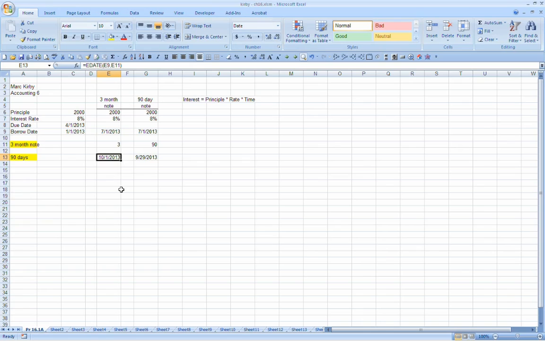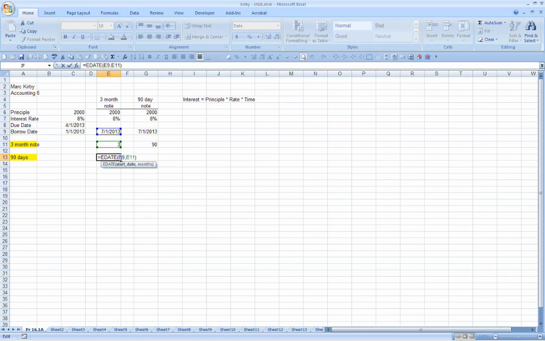So it knows to take the month that you're in and add 3 months to it. And that's how that formula works. All right, I jumped straight to fully automating it by using the cell reference E9 and E11.